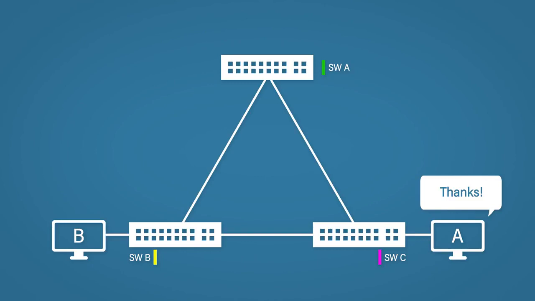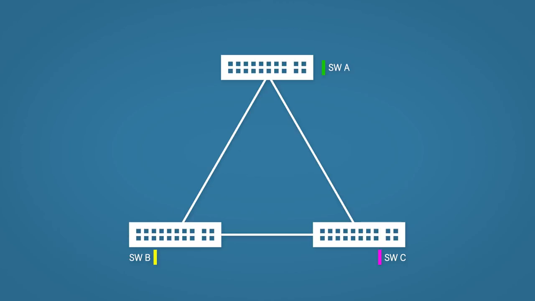Remember, switch A also received this data, so it forwards it as well. Now switch C, not realizing it's a duplicate frame, forwards the data to host A. Again, see the problem here? Duplicate frames are being sent all over the place.